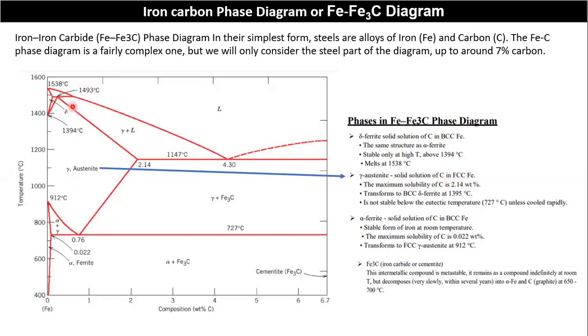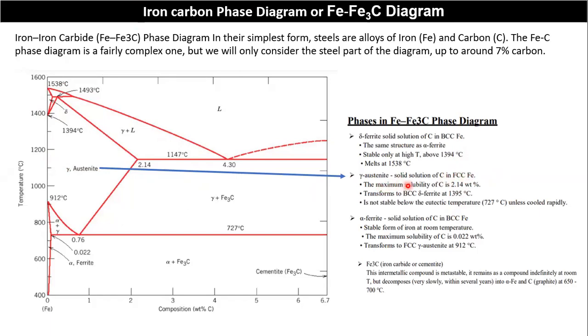So here the changing is possible. How is it possible? Due to the allotropic process, the BCC structure is converted into FCC structure. So during solidification, as the higher temperature goes to lower temperature, the BCC structure goes to FCC structure.